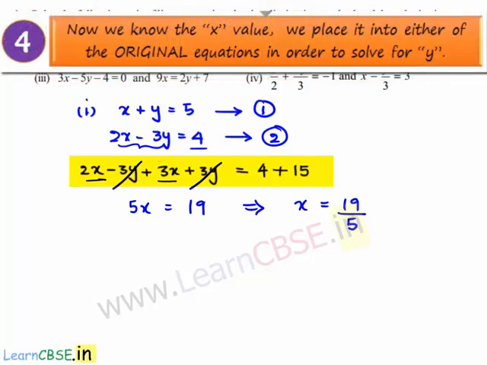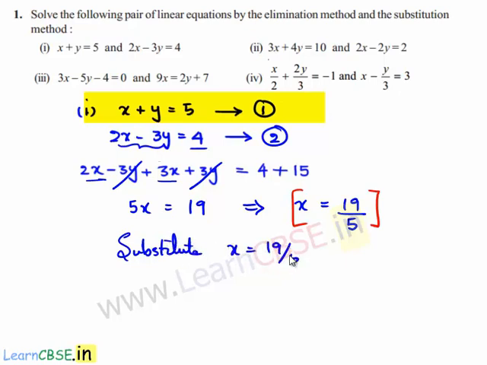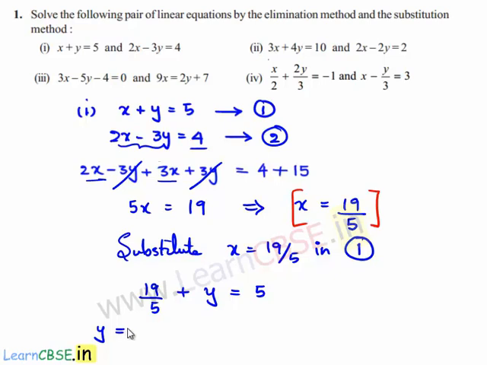So the value of x is found as 19 divided by 5. Now let us find the value of y by substituting the value of x in equation number 1. So substitute x is equal to 19 by 5 in equation number 1 so as to obtain the value of y. We will be getting 19 by 5 plus y is equal to 5. Therefore y is equal to 5 minus 19 by 5.